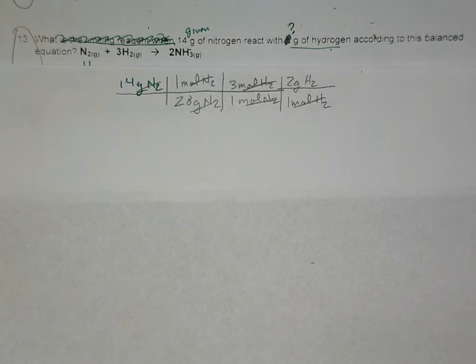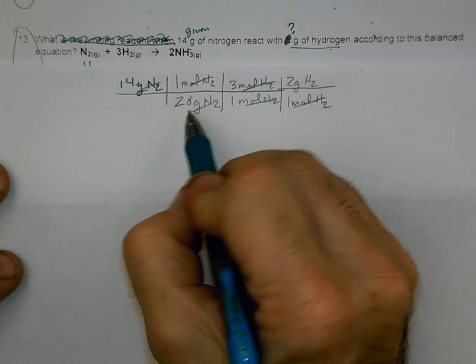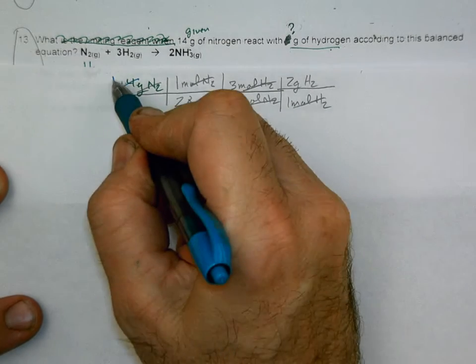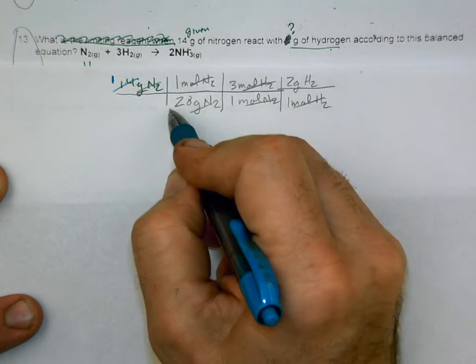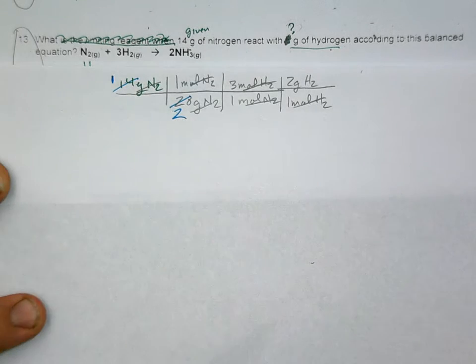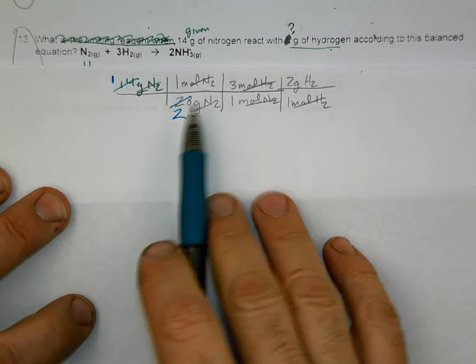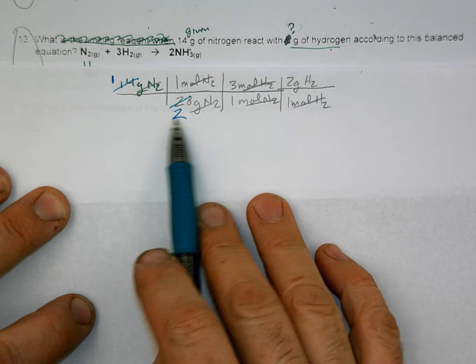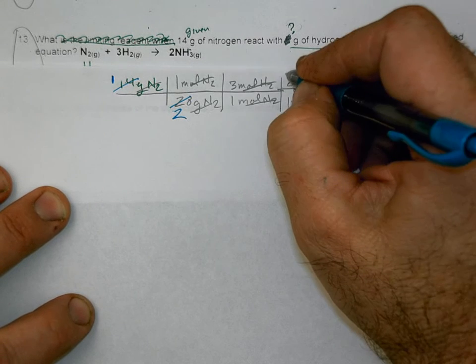And now, let's cross-cancel where we can to make this easier. Now we've got 28 and 14. Those easily cancel each other out. So we'll cancel out 14 to 1 and 28 to 2. And then as we look at the problem here, we have 2 grams of H2 over here, and we have a 2 here. So we can cancel out the 2 here.